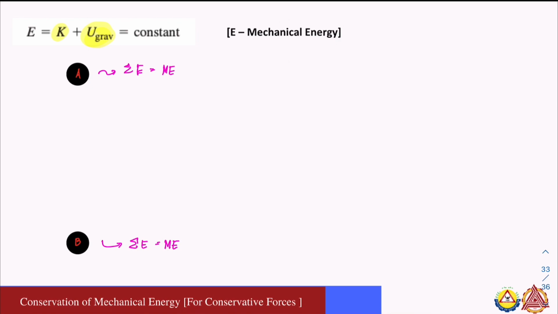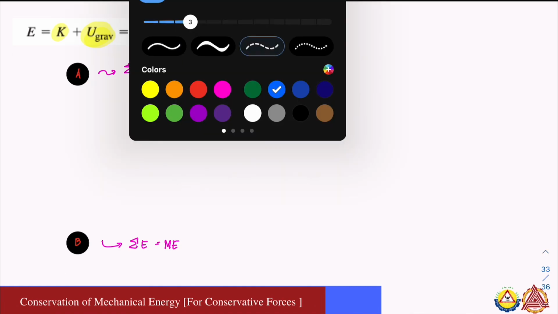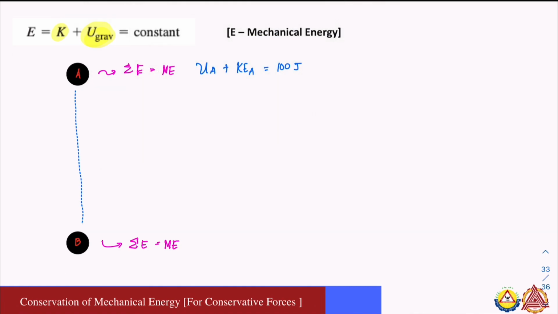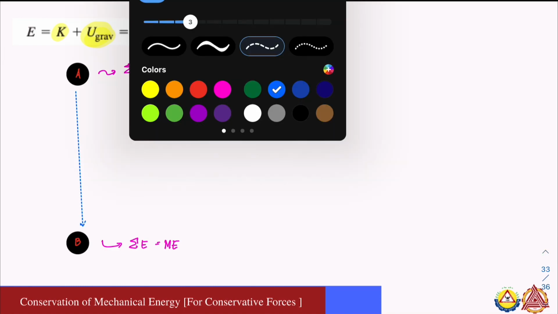So to make it clear, I would illustrate it in this manner: the potential energy at point A plus the kinetic energy at point A is equal to, let's say, some 100 joules. This is just for the sake of illustration. Since that energy is conserved, because we are dealing with a conservative force, the only force, if you remember, acting on this one, assuming there is no air resistance, is the force of gravity, which is a conservative force.